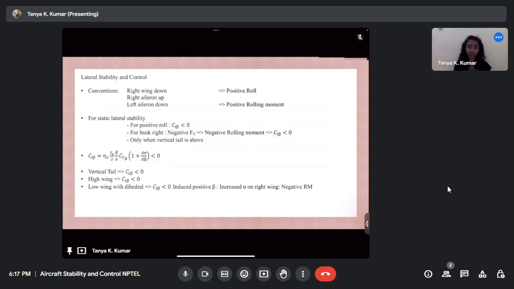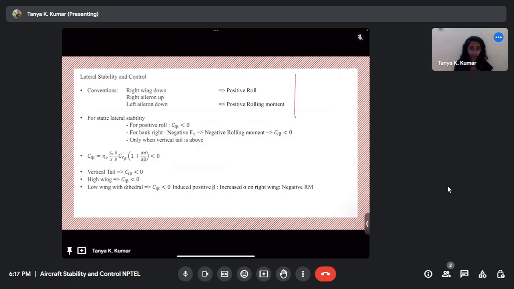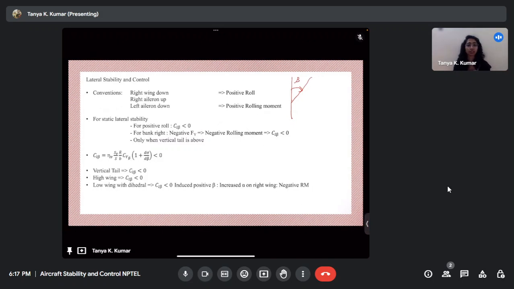What is a positive gust? Positive side slip. So this is your fuselage reference line. This angle. If your relative velocity is on the right of the fuselage, then it is positive beta. Okay, this is positive beta. So when the aircraft is subjected to positive side slip, the moment that's required is positive Cl, right?